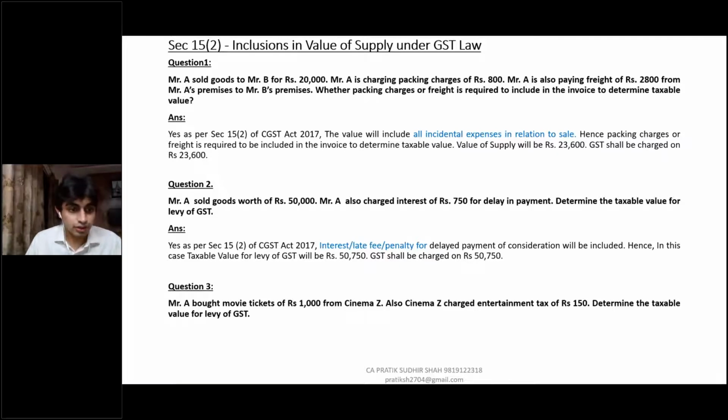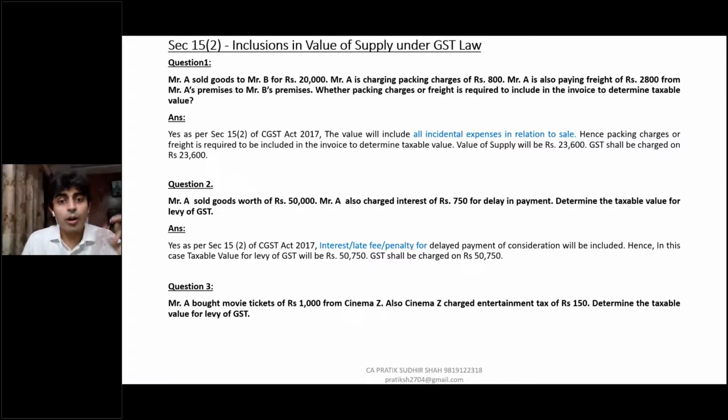Question 3. Mr. A bought movie tickets of 1,000 from Cinema Z. Cinema Z also charged some entertainment tax of 150 rupees. GST will be on 1,000 rupees or on 1,000 plus 150? What is Section 15 saying?